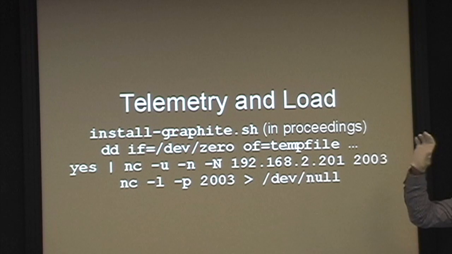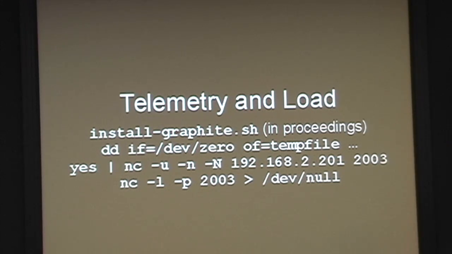Once a guest has this one non-interactive script run and has it ready to receive, that is, Carbon daemon started, one can start sending telemetry. For example, a very primitive network traffic generation is to perhaps send the yes command over the wire.